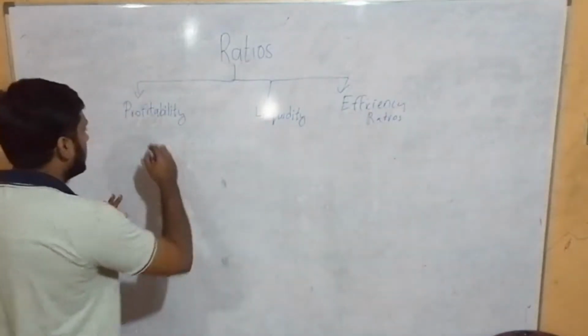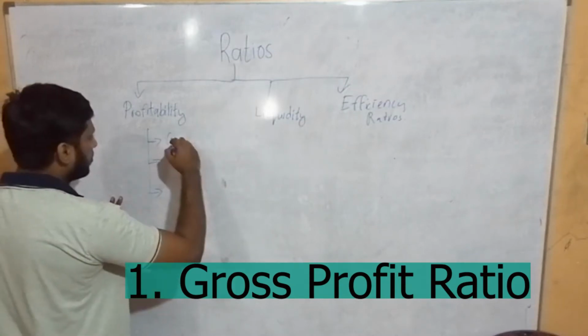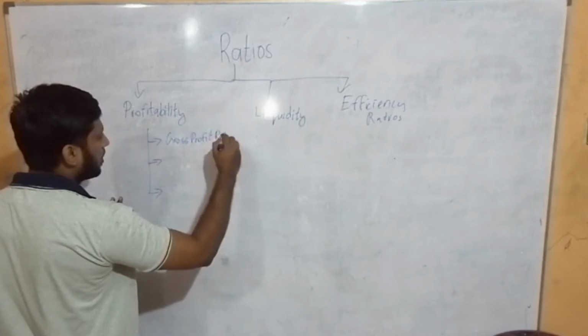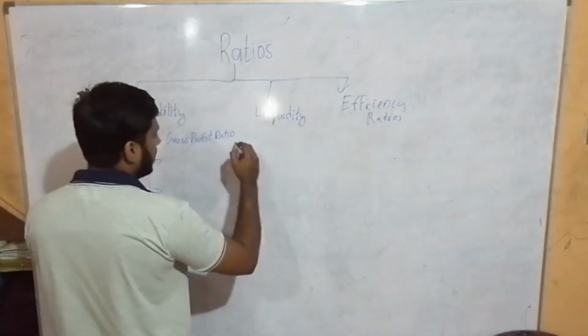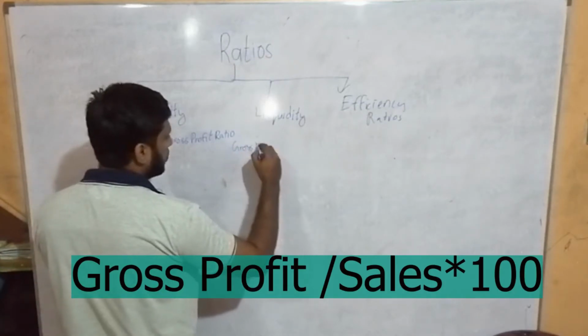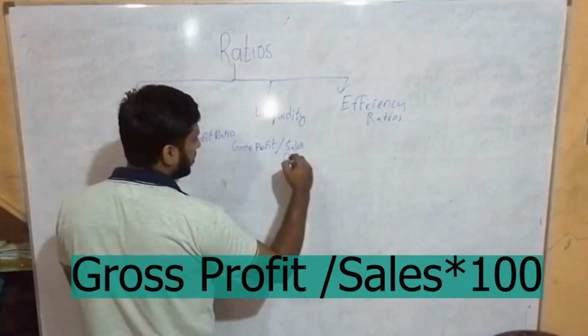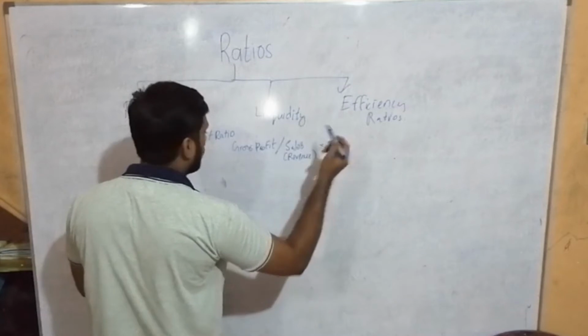There are 3 profitability ratios which are tested in your exams. Number 1, gross profit ratio. The simple calculation of gross profit ratio is gross profit divided by sales. Sales also has another term, we say it as revenue, into 100.